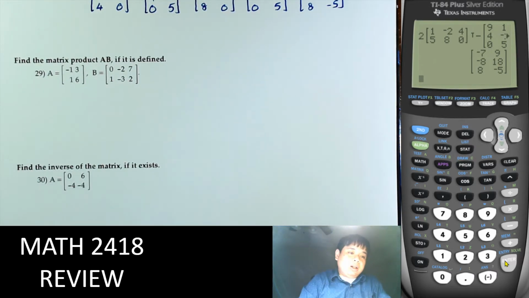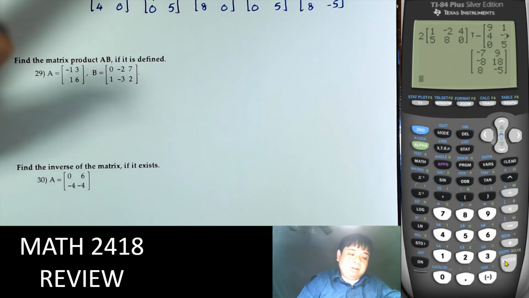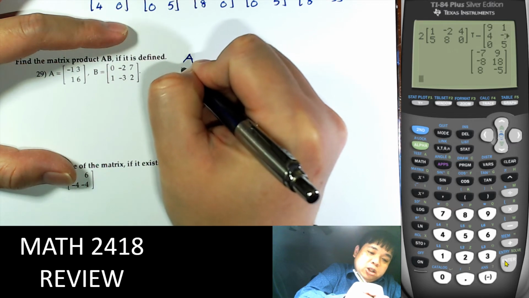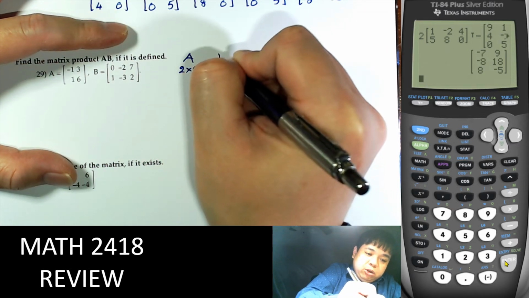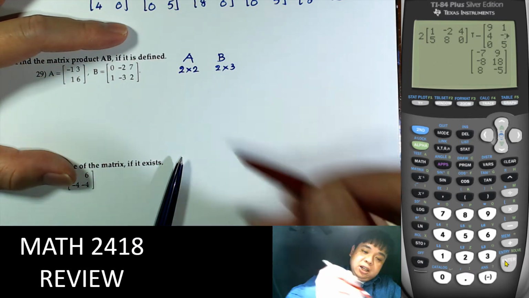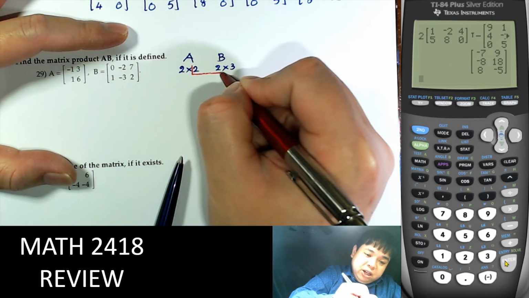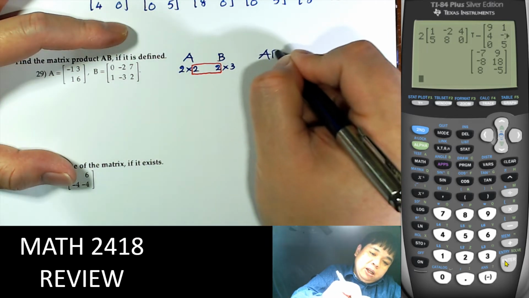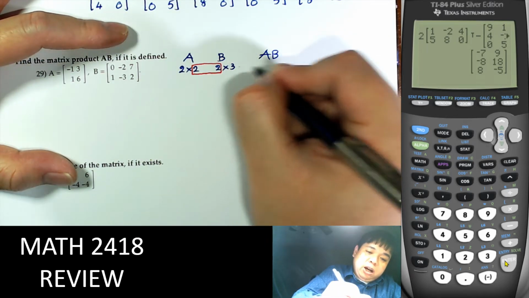Now find the product of A times B, if it is defined. Right. So we have A, the dimension is 2 row, 2 column. The matrix B, 2 row, 3 column. It is defined because the middle numbers are the same. So when we multiply, the product AB is going to be a 2 by 3, the outside numbers.